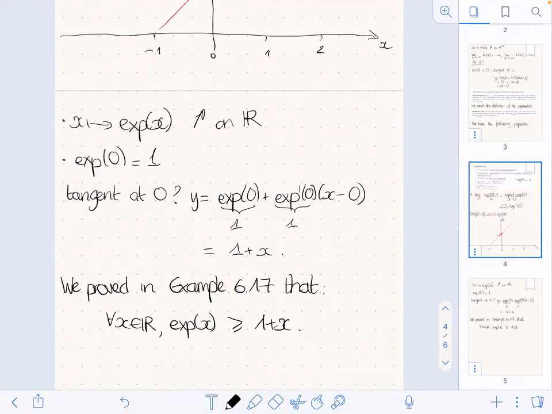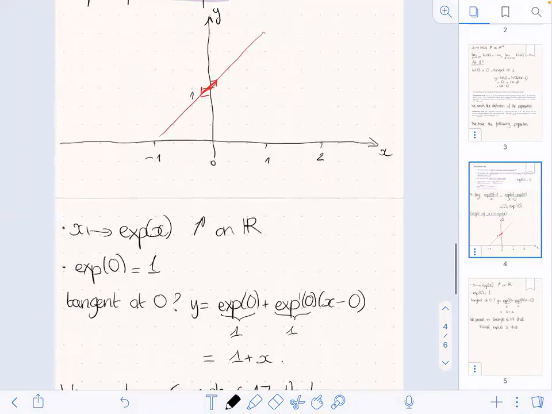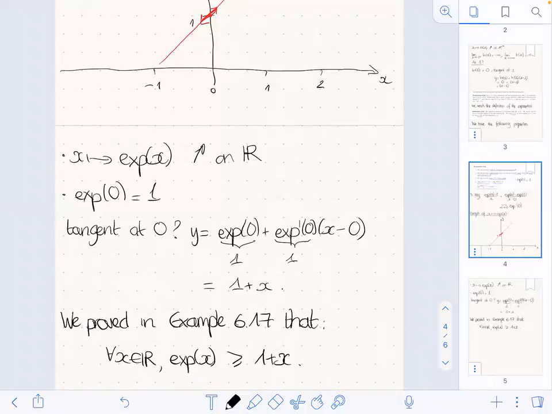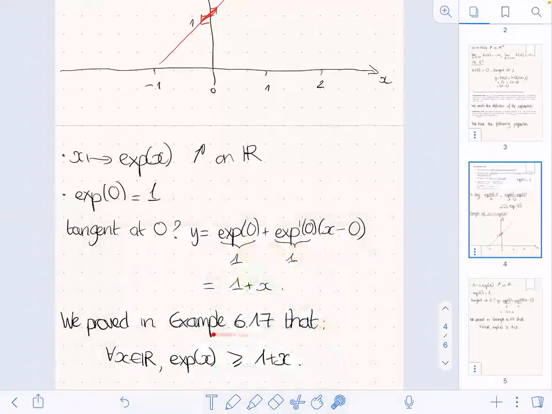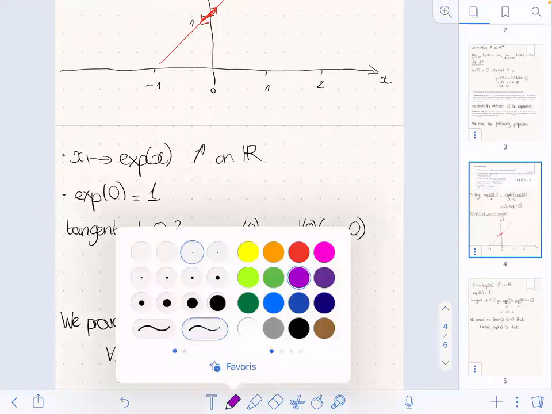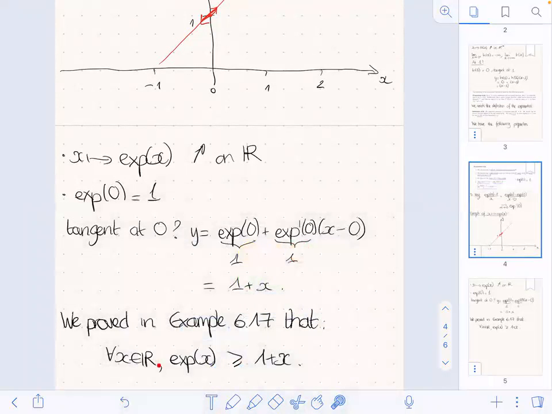One thing that I didn't do for the logarithm function, but I'm going to illustrate for the exponential, is that as soon as you have a tangent, it's often a good idea to check whether you have some information on the relative position of your function and its tangent. So here we have this inequality, where this is our function that we're trying to plot, and this is a tangent. What does it tell us about relative positions here?